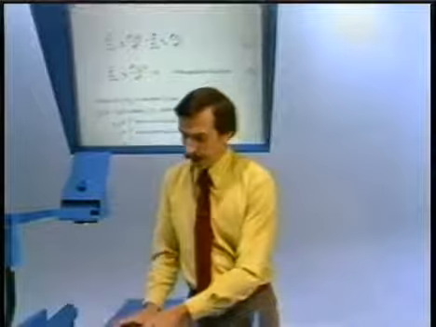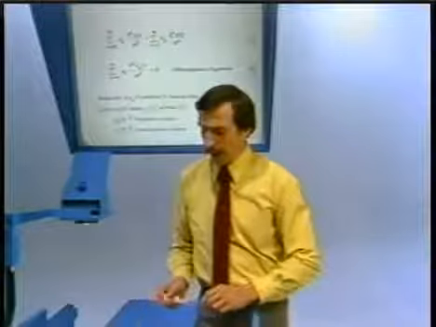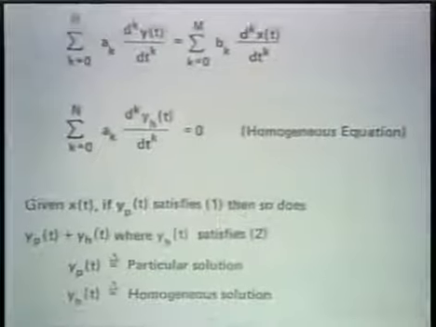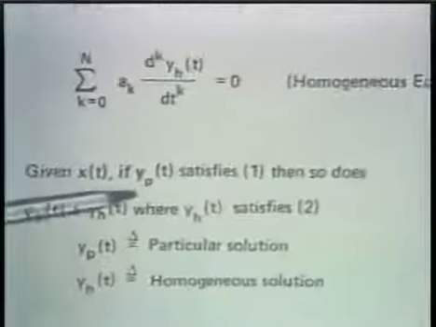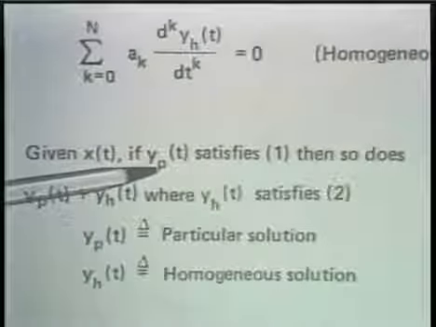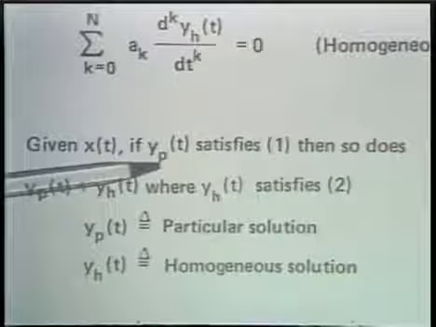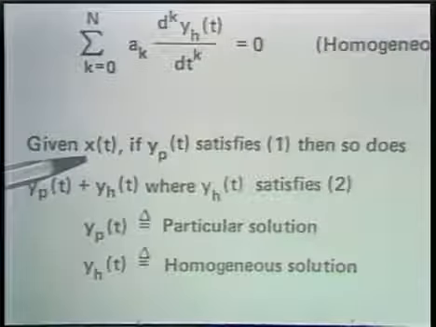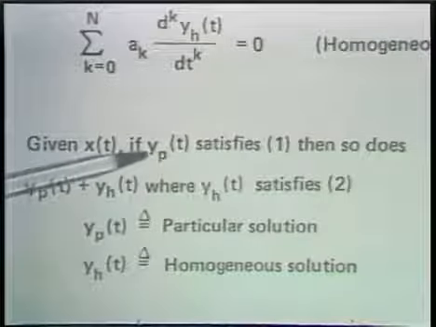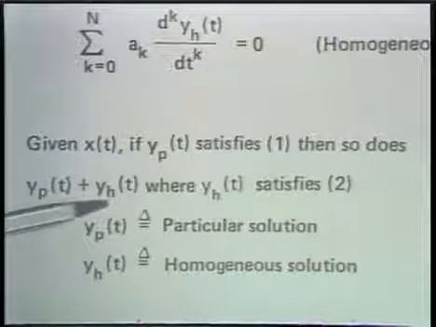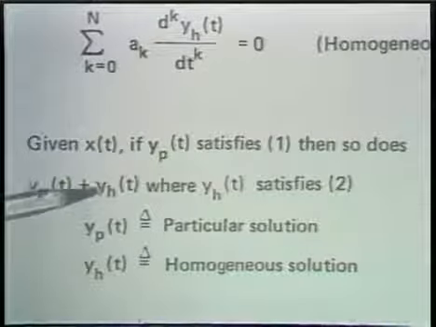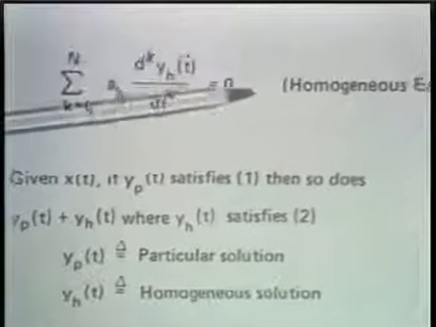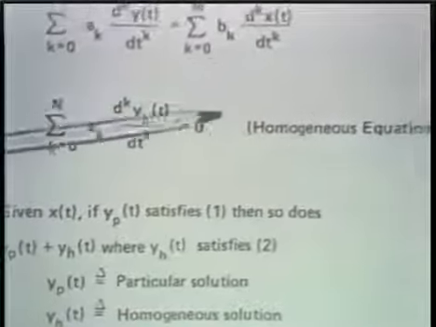And the basic point of the solution for the differential equations is the fact that if we've generated some solution, which I refer to here as y sub p of t, some solution to the equation for a given input, then in fact we can add to that solution any other solution which satisfies what's referred to as the homogeneous equation.